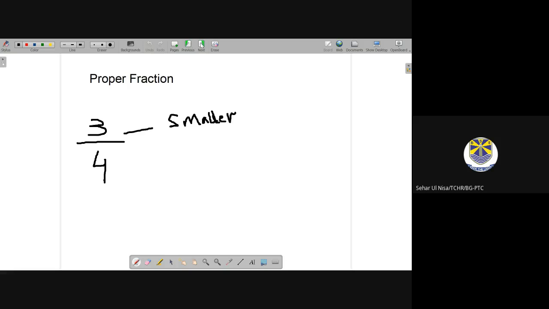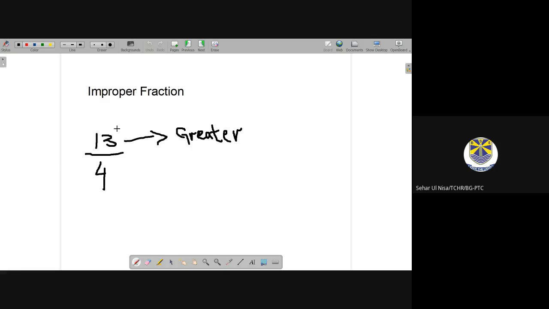But if you are getting 13 marks out of 4, where the numerator is greater and the denominator is smaller, then this is an improper fraction. If you are getting 11 marks out of 10, it is an improper fraction. Is that clear? Yes.